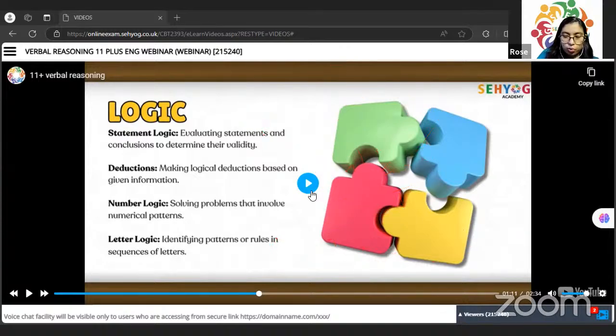That's true. Logic is persistent in any sort of reasoning, and verbal reasoning is no exception. Here your logic has to apply to statement logic, introductions, the number logic, and the letter logics. Okay, guys.